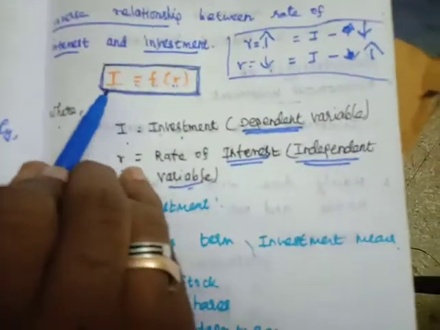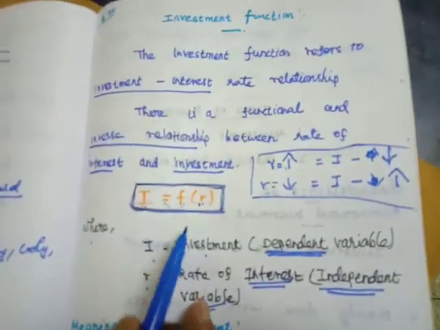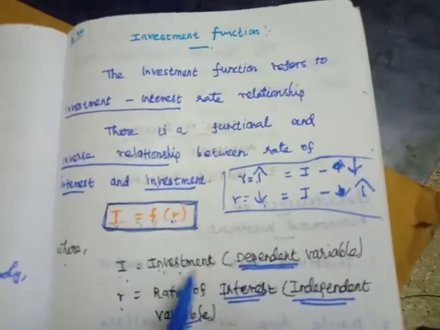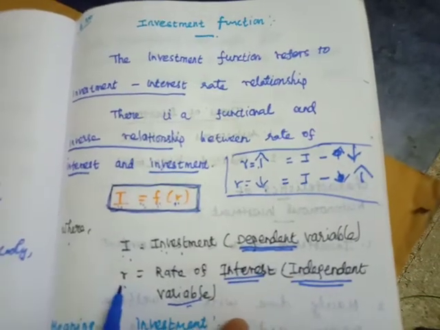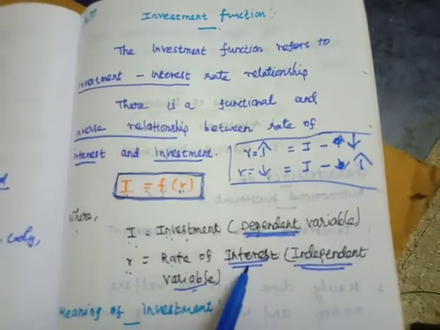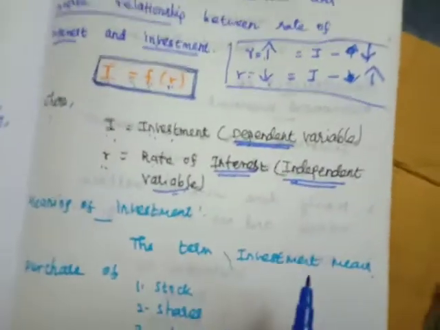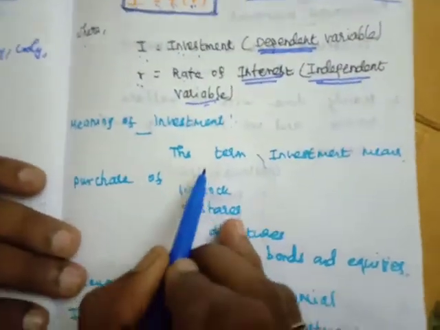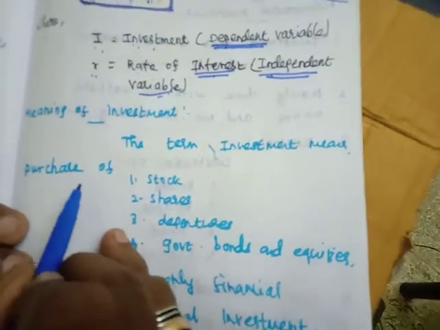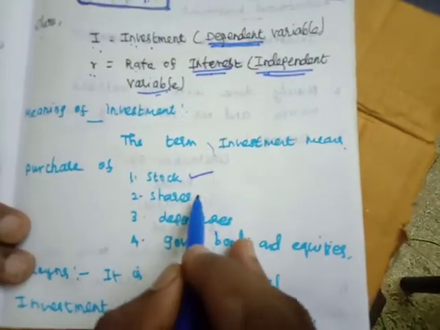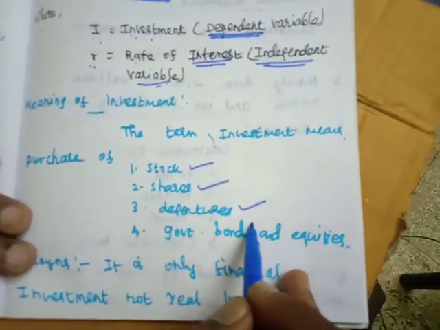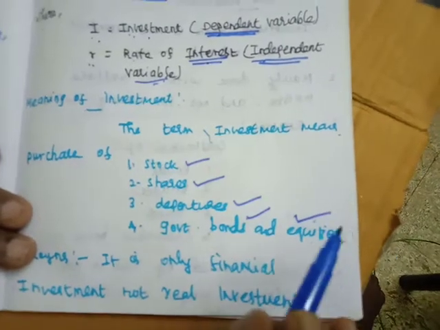The formula is I is equal to function of R. I represents investment, the dependent variable, and R represents the rate of interest, the independent variable. The term investment means the purchase of stock, shares, debentures, government bonds and equities.